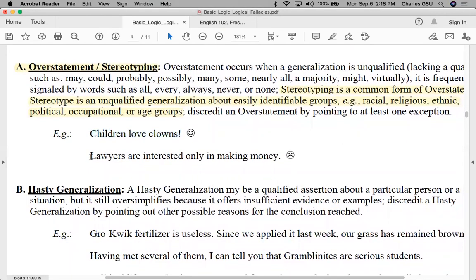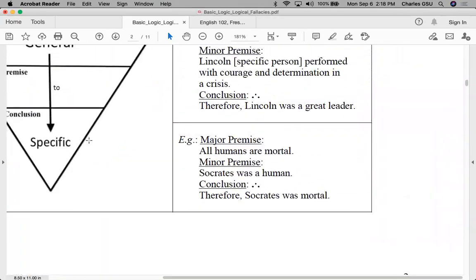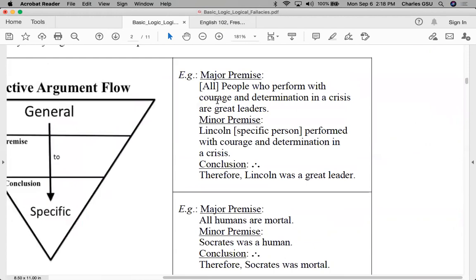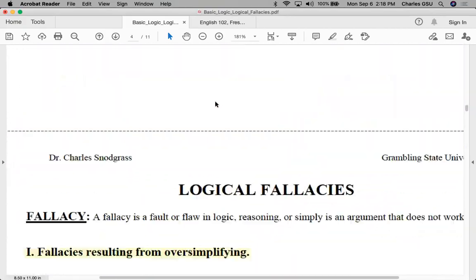Or another example is that lawyers are only interested in making money. And remember, go back up to the Lincoln example here, right? So if it says people who do X, Y, or Z, we have to assume that it means all people, that there is not a qualifier like some or many or most.